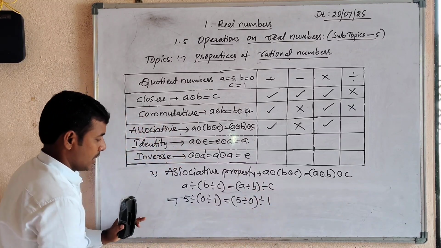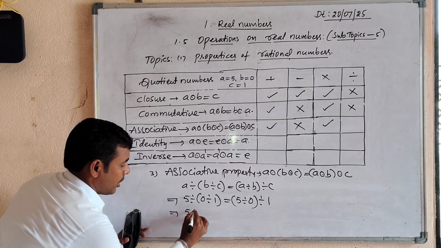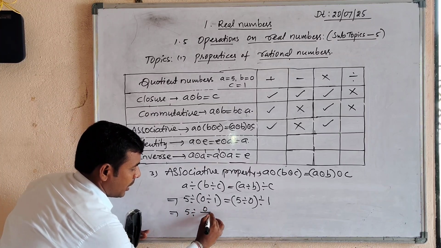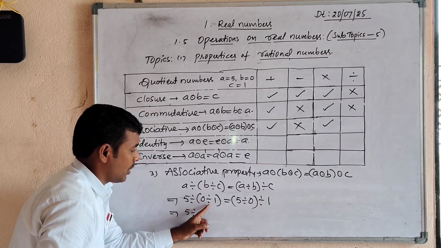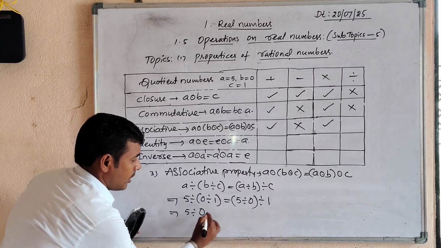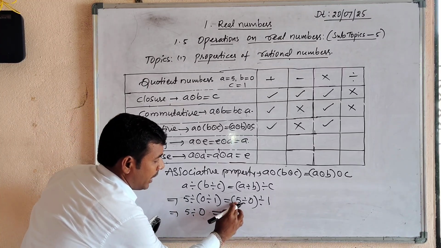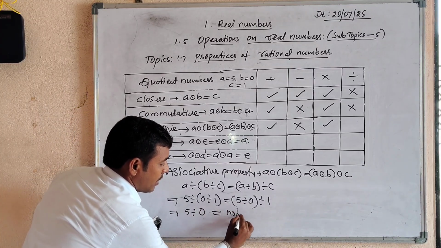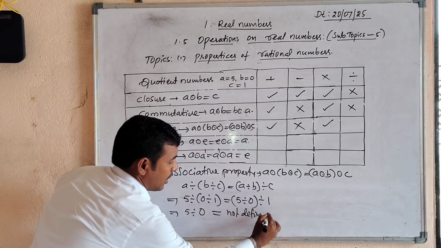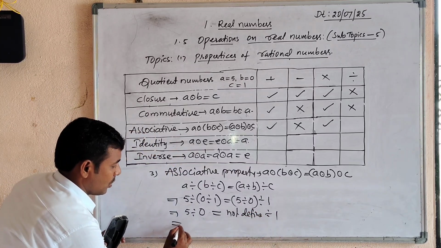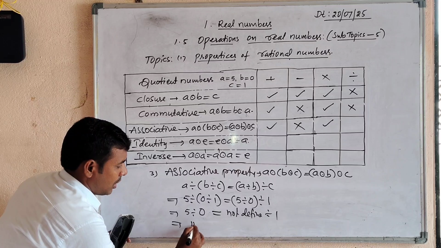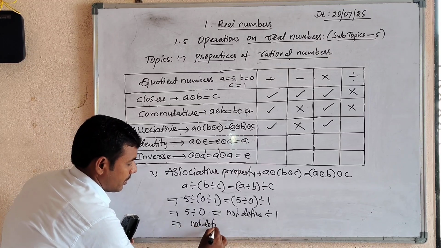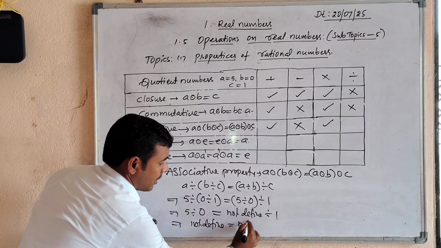Carefully observe. 0 divided by 1 is 0. Now 5 divided by 0 is not defined. So 5 divided by 0 is not defined. It is equal to not defined.